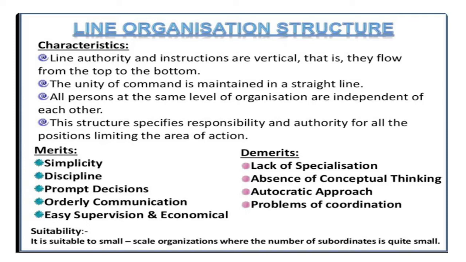All persons at the same level of the organization are independent of each other. Production manager is independent, foreman is independent, worker is also independent about his duties and responsibilities. This structure specifies responsibility and authority for all the positions, limiting the area of action.